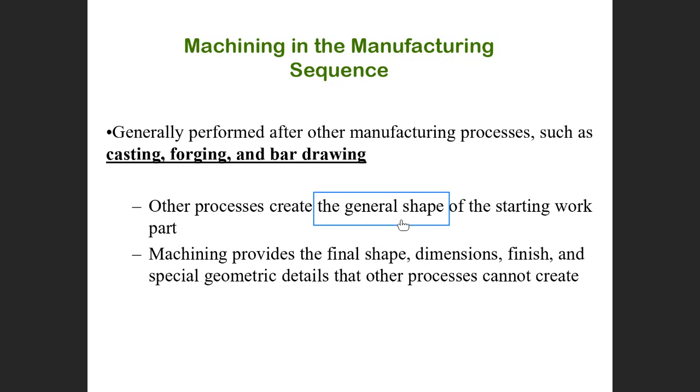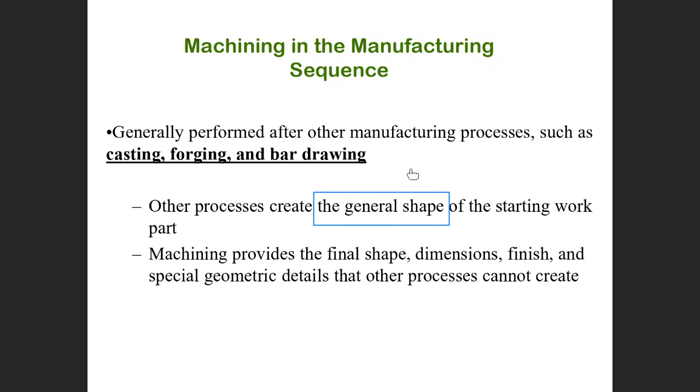We make the pattern oversized, so later when shrinkage happens, the dimension will still be bigger. Then you need to do machining. You also need to clean the surface, because of the mix between sand and liquid and so on, so the surface must be removed. So machining is required after the other processes.